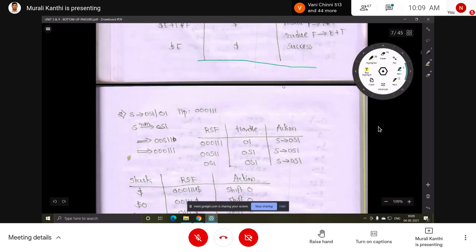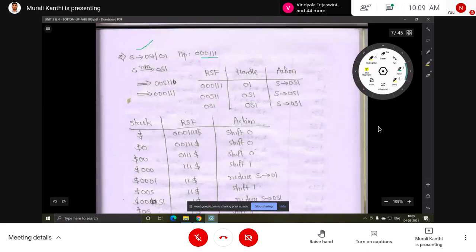And then one more example. This is a different example, that means a different grammar. This one is the input string. The same thing: the stack initially has dollar, and the input string is placed onto the input buffer. Shift operation: 0 shift.